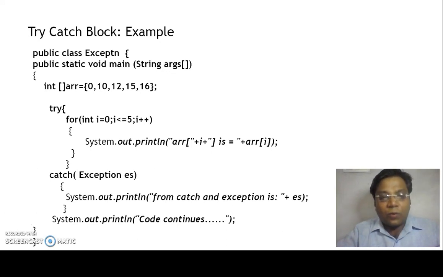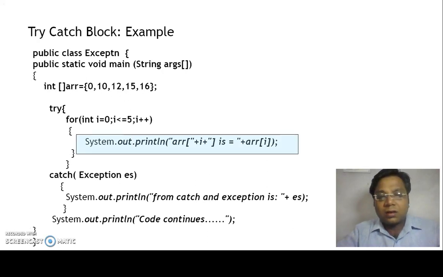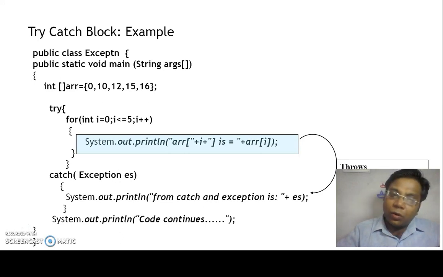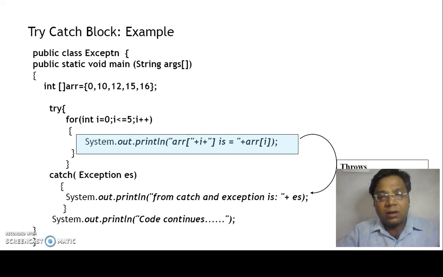So what happens one by one? When we go through the print command, it will throw an array index out of bound exception. It will not throw when i's value is 0, because it can easily print arr[0], then arr[1], arr[2], arr[3], arr[4]. But as you know, array indexes start from 0 to n-1.